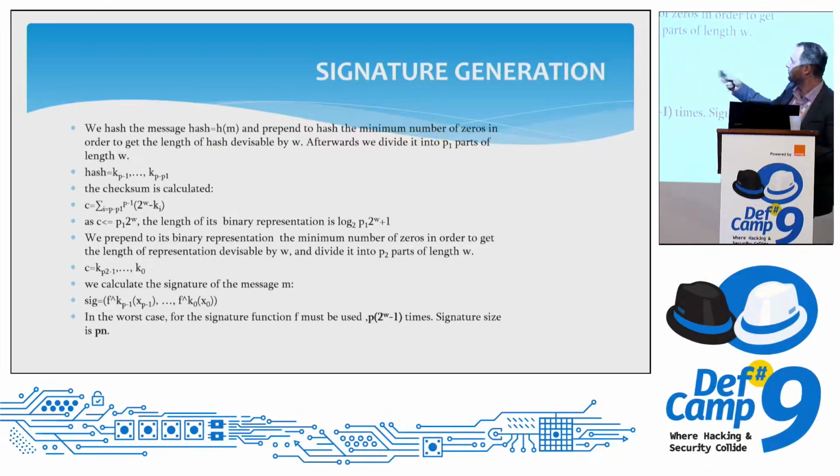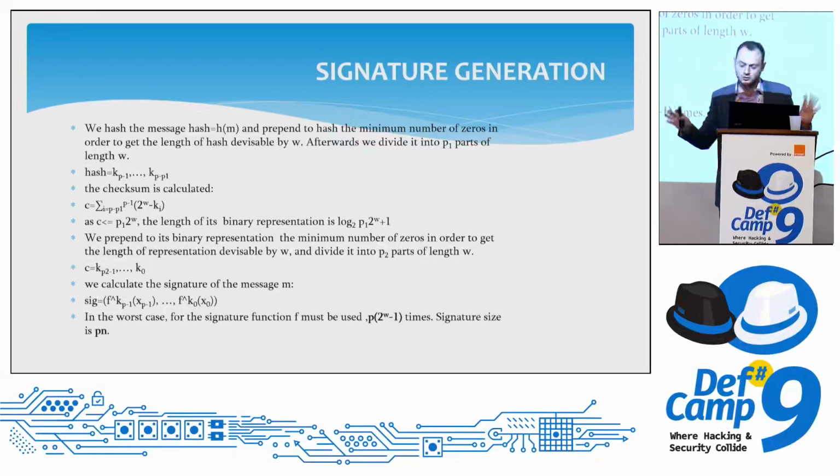We prepend zeros to it to be divisible by w. Okay, p1 we have, and we divide it into w parts, into p2 parts, and get this case, yes? So the signature we calculate like this.